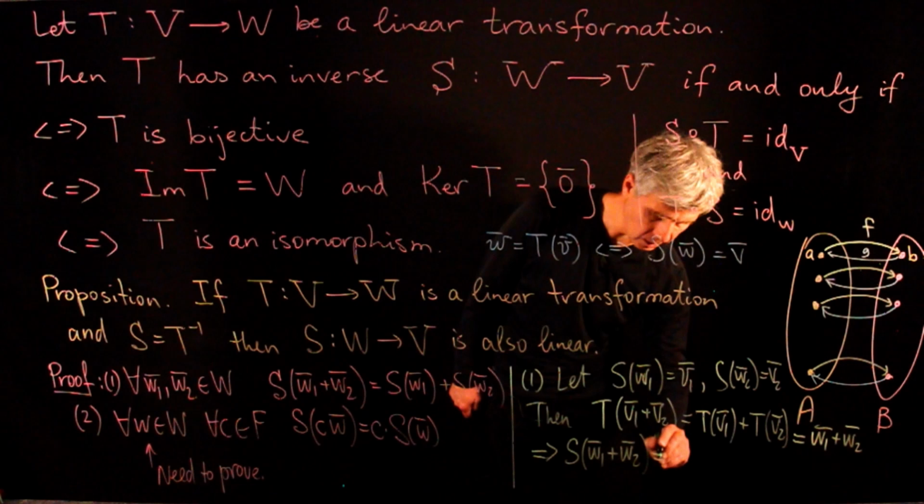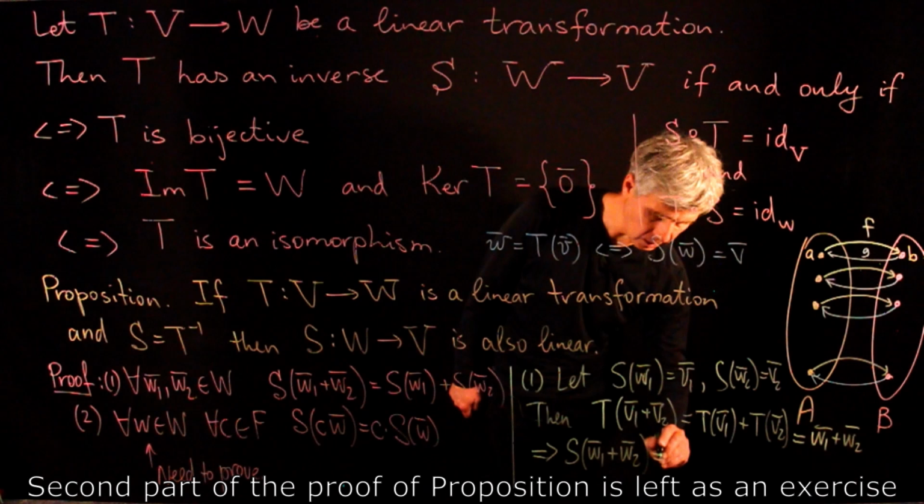So if T sends this vector to W1 plus W2, then S sends W1 plus W2 to V1 plus V2. Well, V1 is, by our definition, S of W1, and V2 is S of W2. And now we proved that S of W1 plus W2 is equal to S of W1 plus S of W2. And that's exactly our first property.